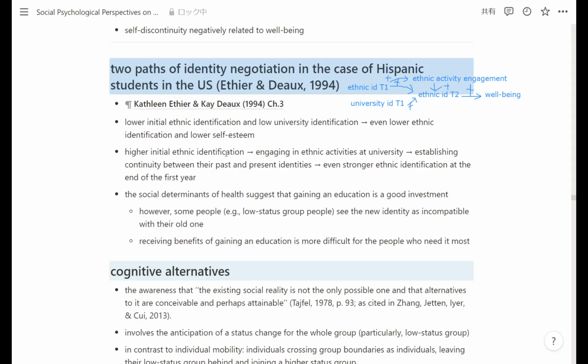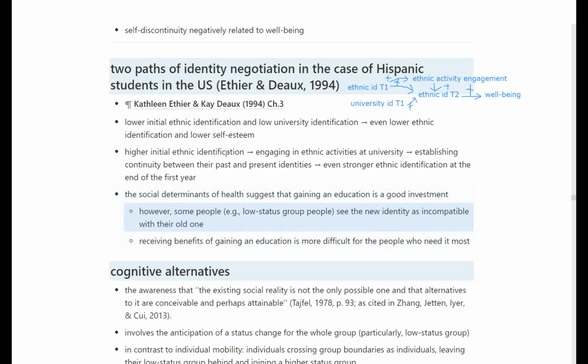Okay, so the social determinants of health suggests that gaining education is a good investment. So we have known that there is a health gradient. The higher their status is, the better their health is. And one way to improve their status is to receive good education.